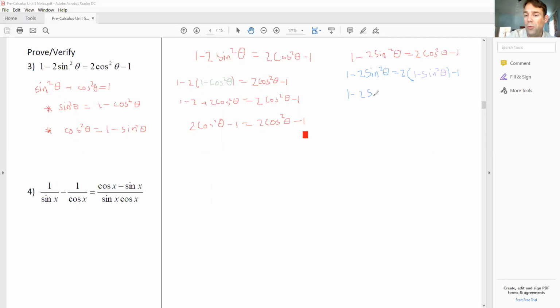Now we're going to do a little bit of algebra to clean it up. And notice, again, I picked one side and I'm staying with that one side. If I'm going to manipulate the right side, I don't get to use the left side. And on top of that, notice how I'm still writing the other side all the way down. I've got to make sure my form is right. Got to keep writing the side that I'm not using. I keep bringing that down with me all the way. So 1 minus 2 sine squared theta equals 1 minus 2 sine squared theta.